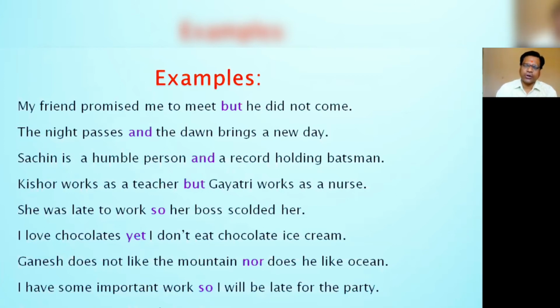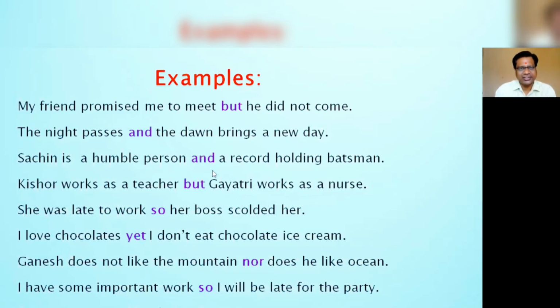Another independent clause is there, he did not come. So these two different clauses are expressing ideas which are correlated. And now we have used a coordinating conjunction, but, that's why you could form a compound sentence here like this.